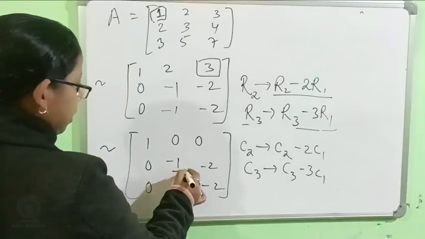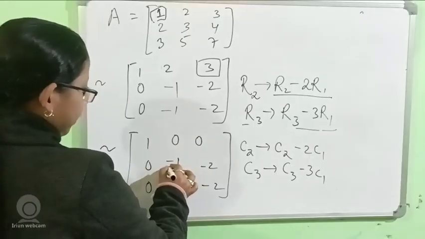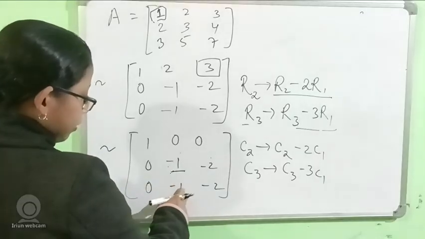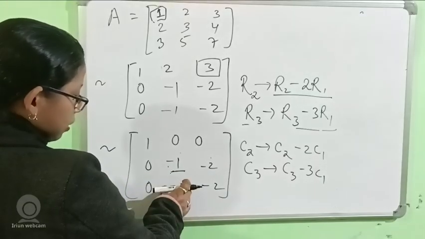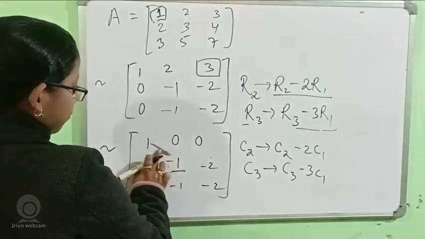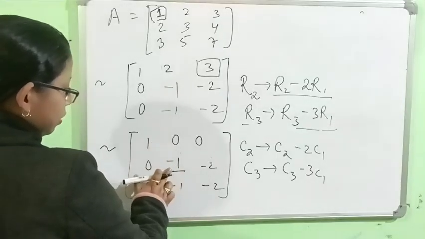Now you can check that this element is minus 1, and this element is minus 1. You can make it 1. Then I move along the diagonal; here it is a non-zero element but it is minus 1.